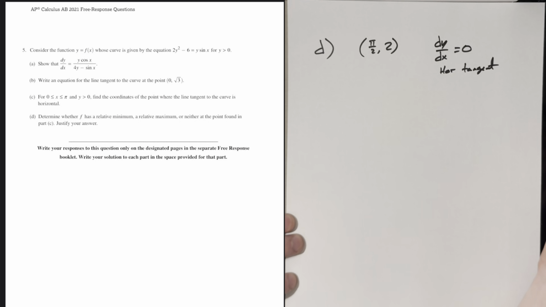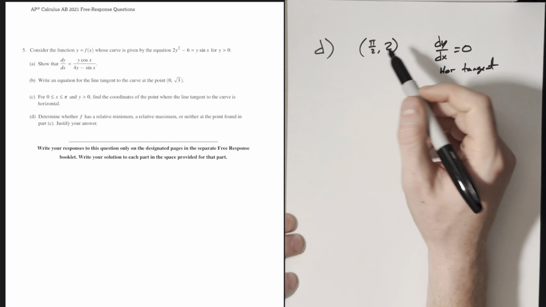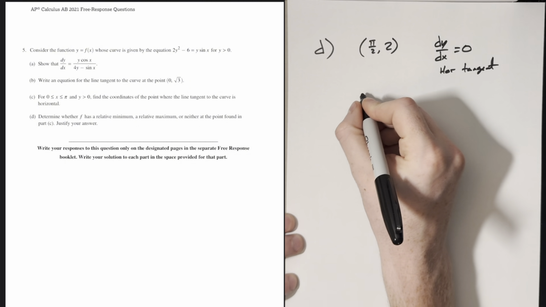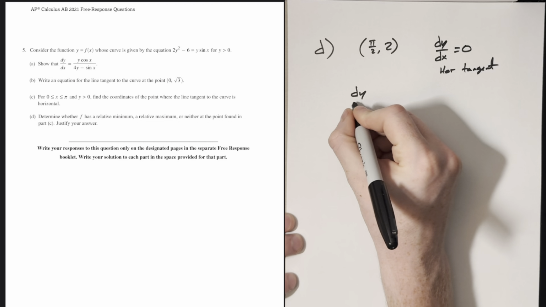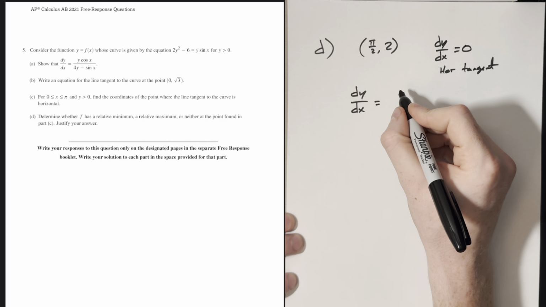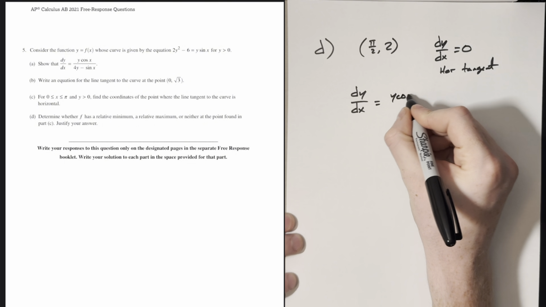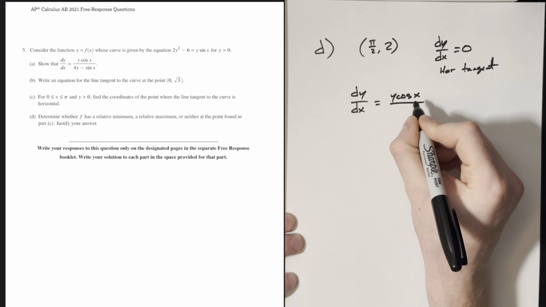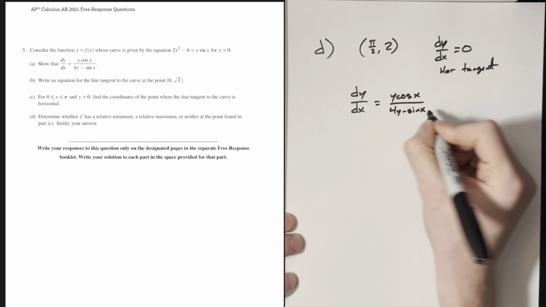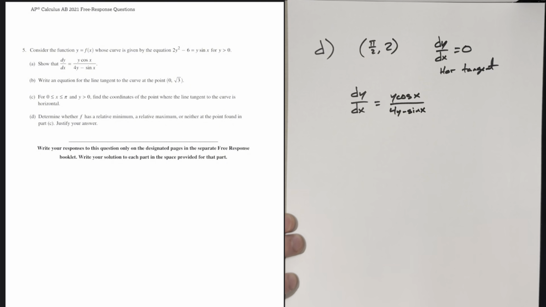So I need to figure out if this is a minimum or maximum. And we can do this by looking at my derivative. dy/dx equals y times the cosine of x divided by 4y minus sine x.